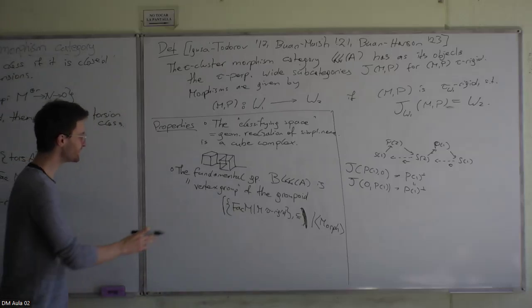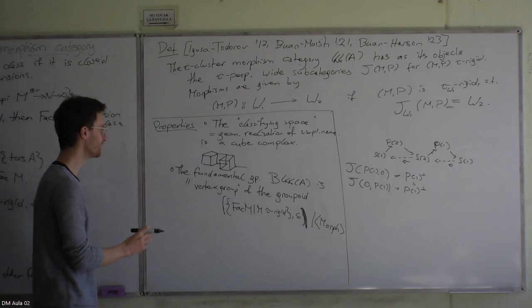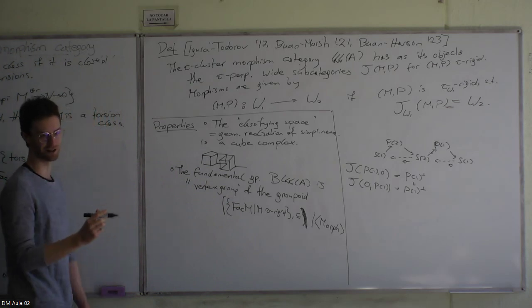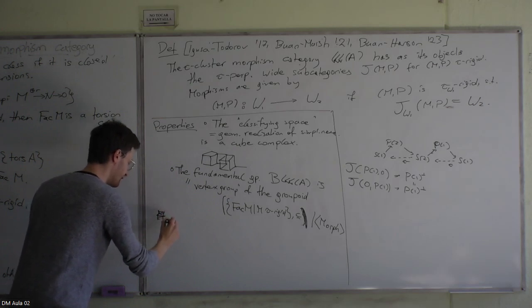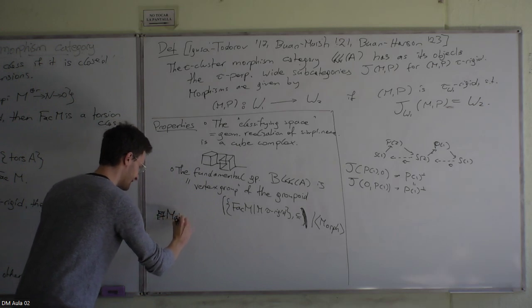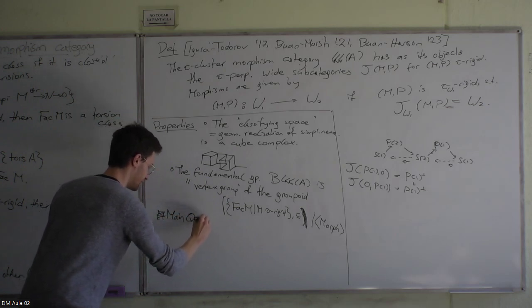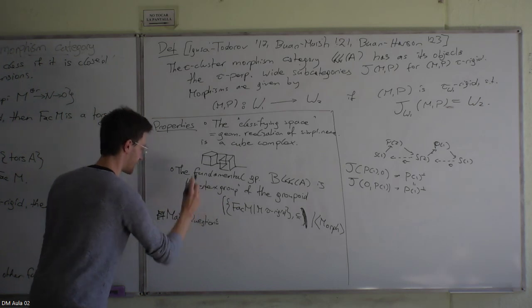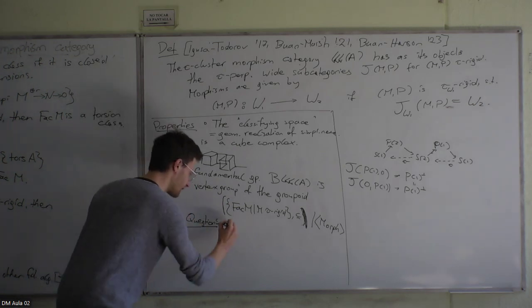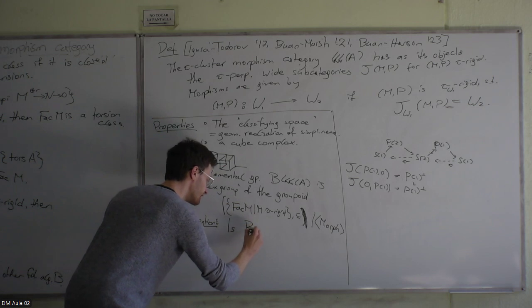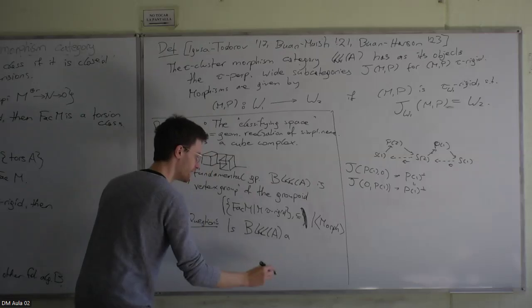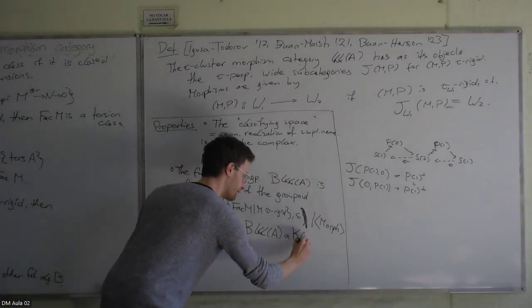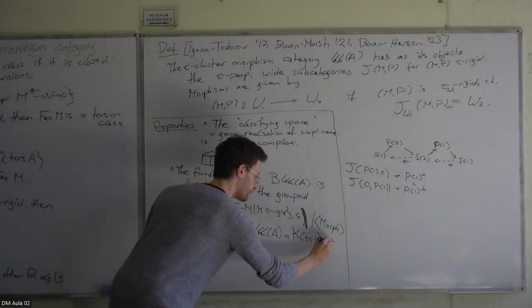Anyway, because this thing is quite interesting by itself, the main question that people study about this category, let me phrase it like this: is the classifying space of this category a K(pi,1) space?